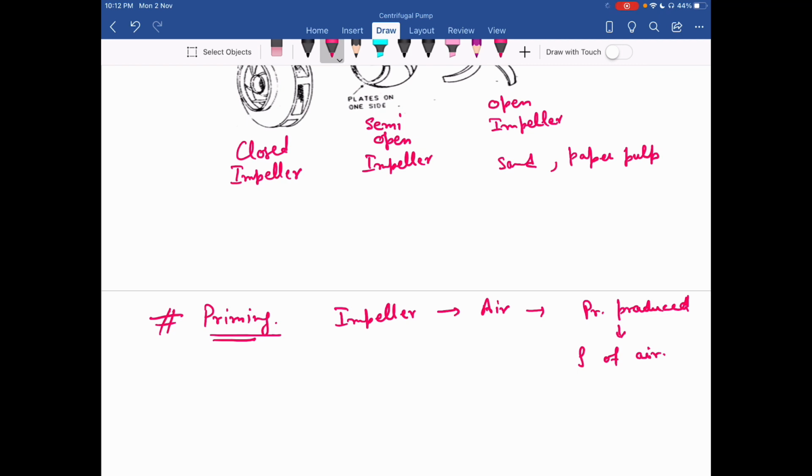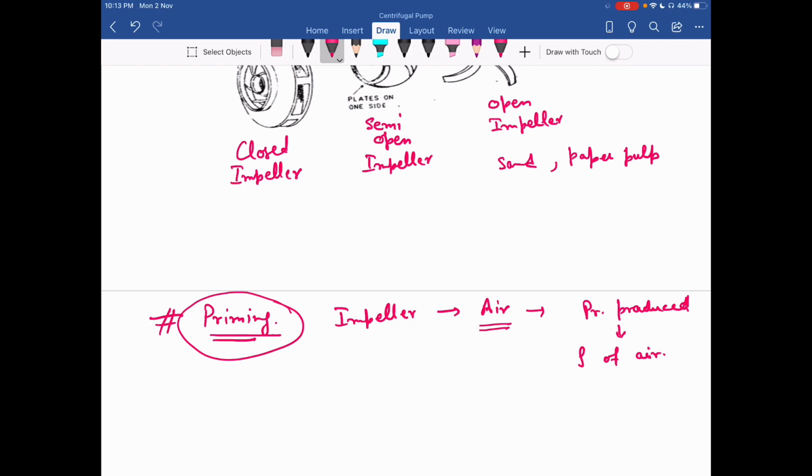Now what do we have to do? We have to remove this air from the impeller. For that, we have to put some water, either from the delivery side or by any other means, into the impeller.